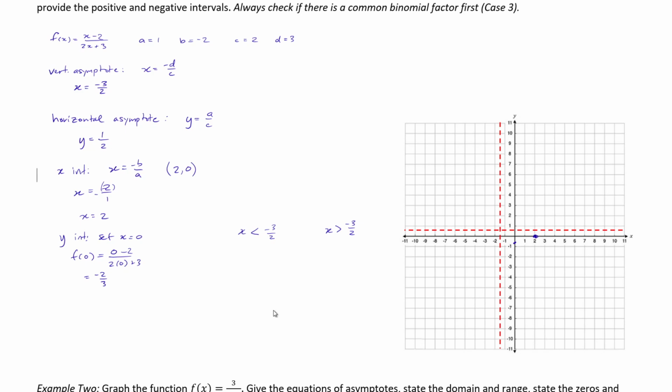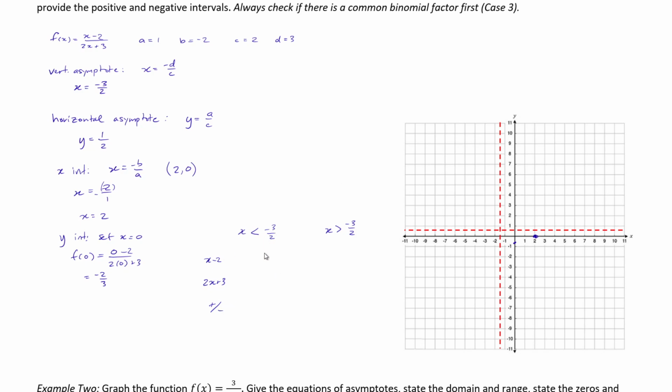And what I find is that if I take a look at my function, I look at the different factors, x minus 2, 2x plus 3, and then my overall positive or negative.